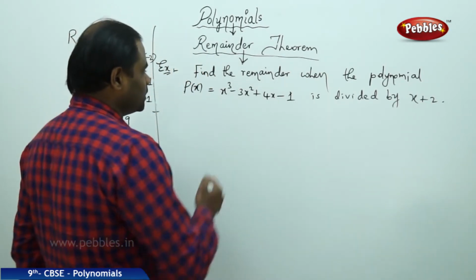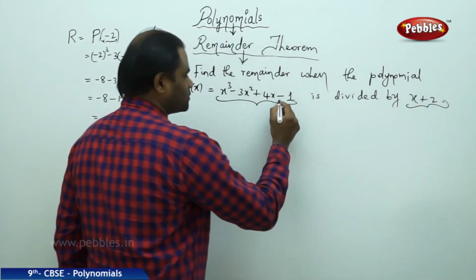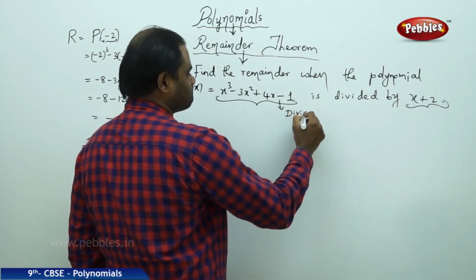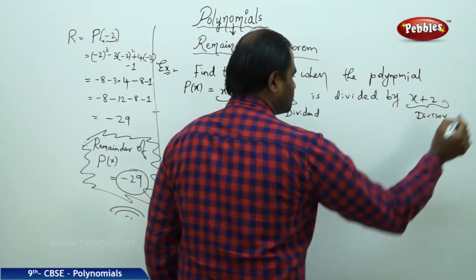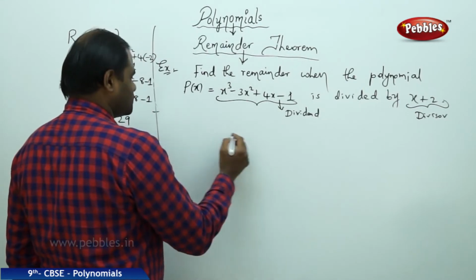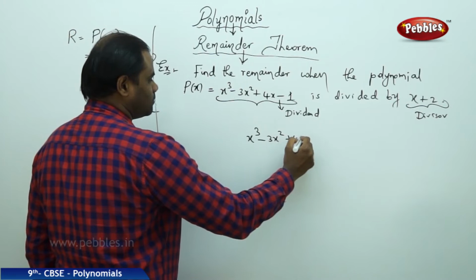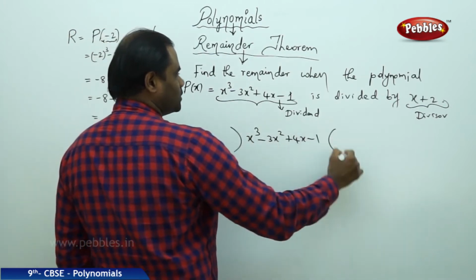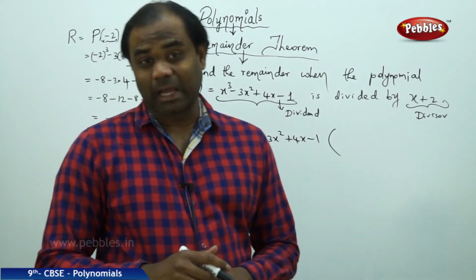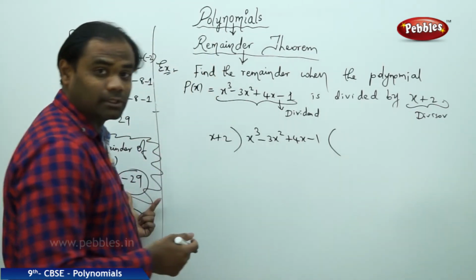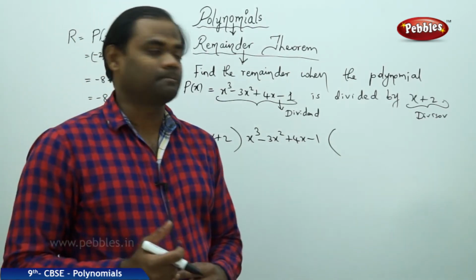So I have the polynomial, the dividend, and the divisor. The dividend x cubed minus 3x squared plus 4x minus 1 is divided by x plus 2. Let's find the quotient and the remainder, most importantly, to verify the remainder as obtained through the remainder theorem.